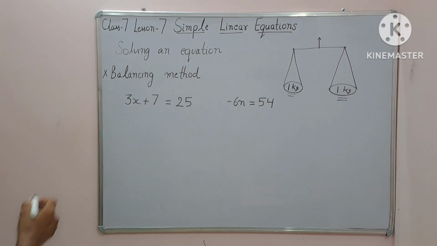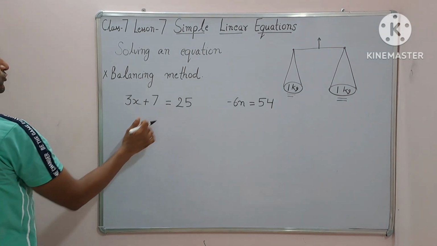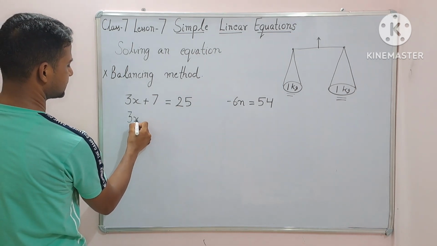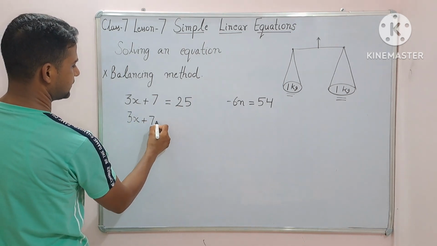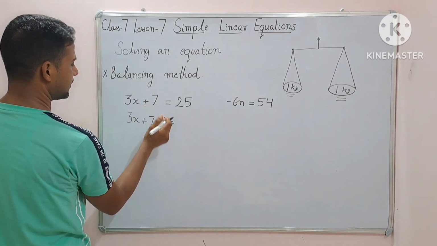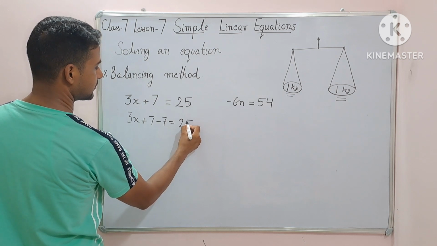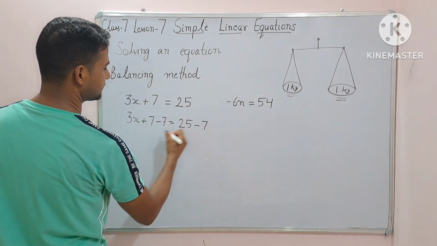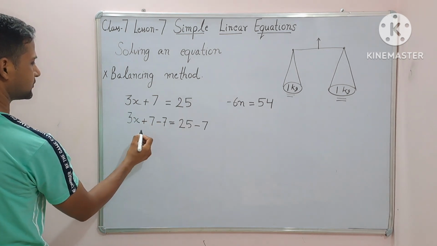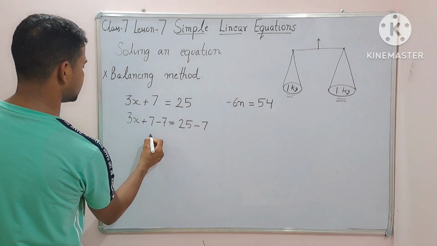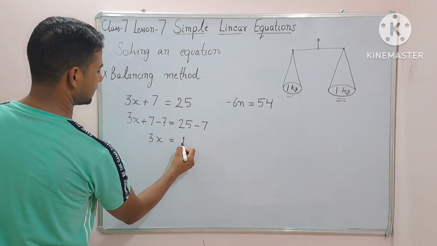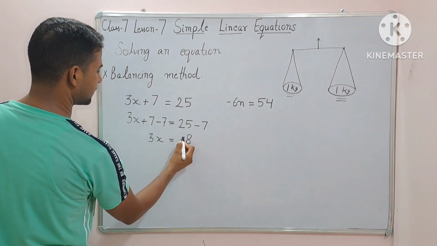Now this equation is 3x plus 7 is equal to 25. For solving this, 3x plus 7 minus 7. Actually we have removed 7 from here, then 25 minus 7 here to maintain the balance. Here we get 3x, here we get 18.